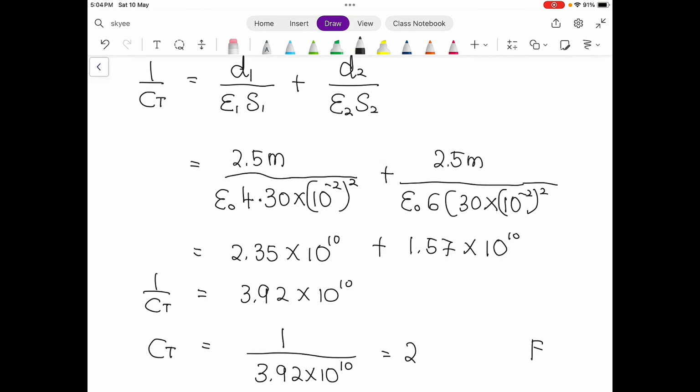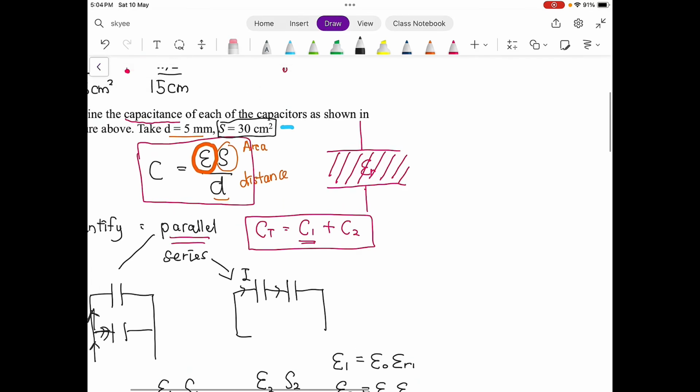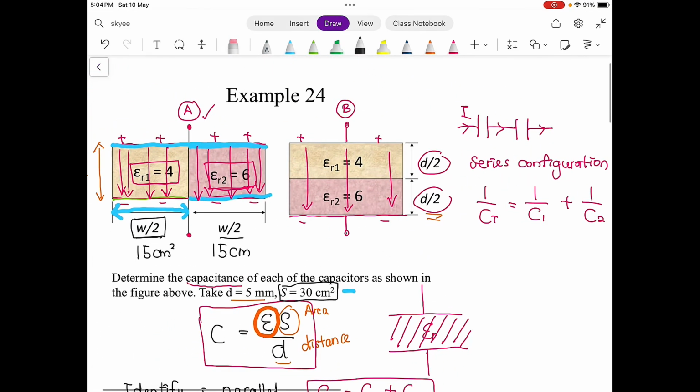So the answer is 2.55 times 10 power negative 11. So this is the capacitance for the capacitors in question B.